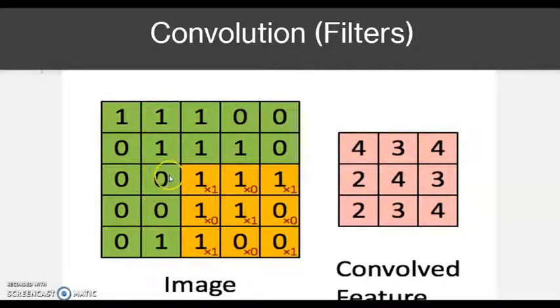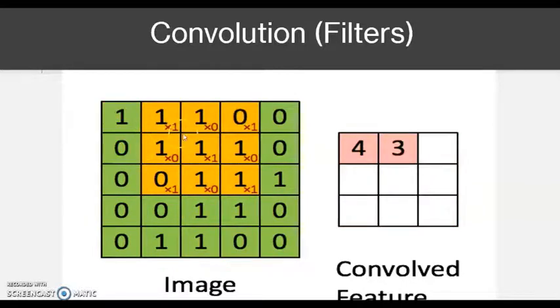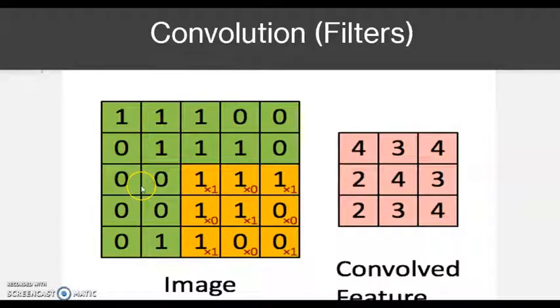So, looking at this picture, this is the first kernel, and then it moves 1 pixel over the image each time.